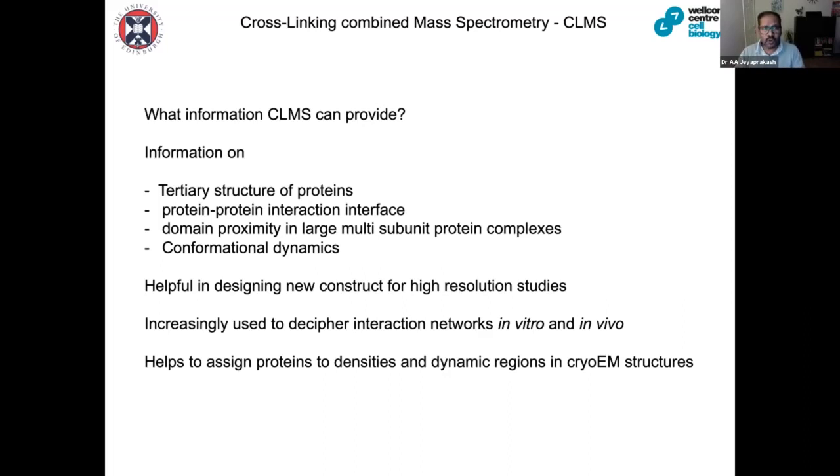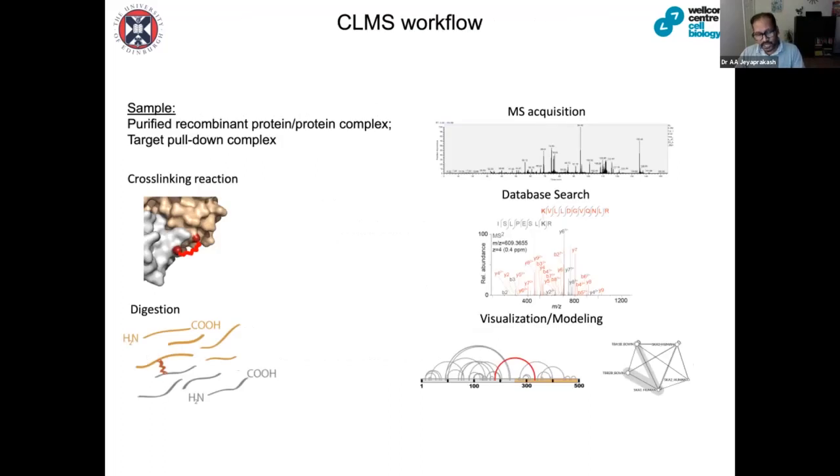So what does it involve? First, the protein of interest, or the protein assembly of interest, is cross-linked with a chemical cross-linker of one's choice. The colors here represent two different subunits, and once the complexes are cross-linked, they are digested, often using trypsin, which will result in different types of peptides, linear peptides as well as cross-linked peptides.